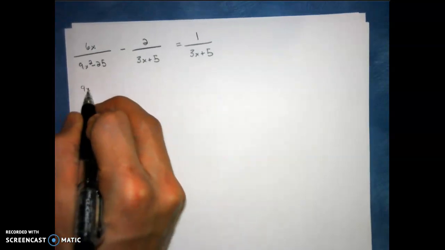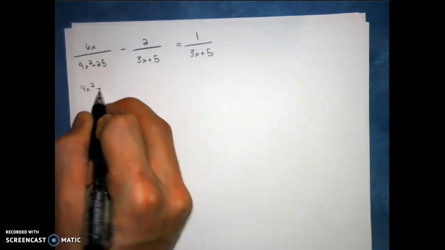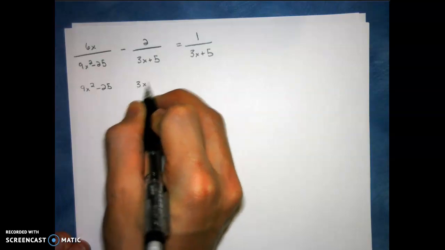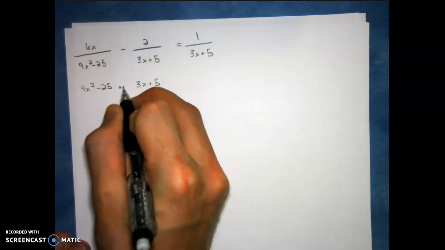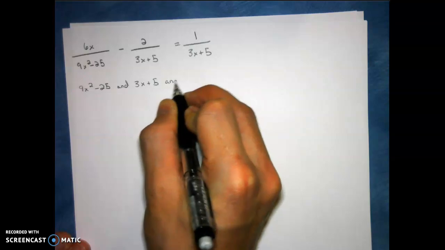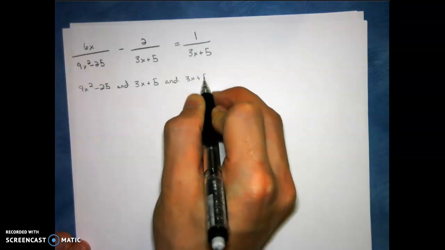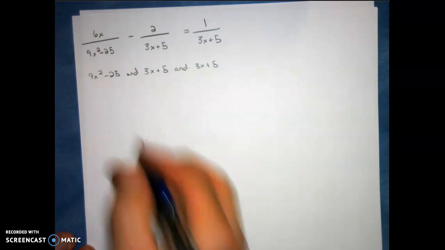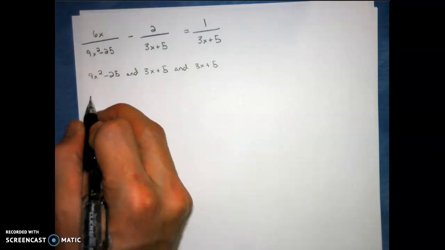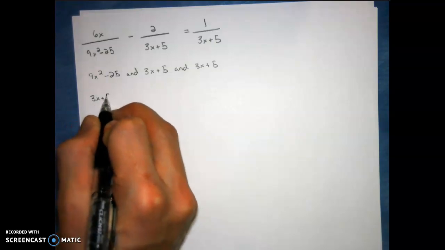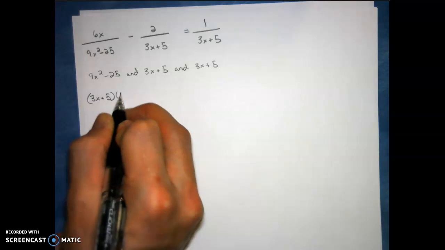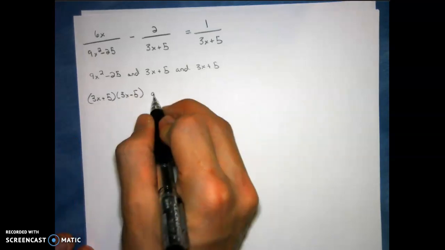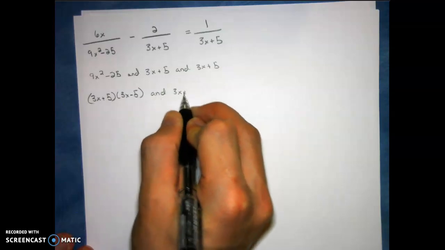So our denominators are 9x squared minus 25, 3x plus 5, and 3x plus 5. First step, we need to factor everything. This one is a difference of squares, so we have 3x plus 5, 3x minus 5, and then we keep these the same.